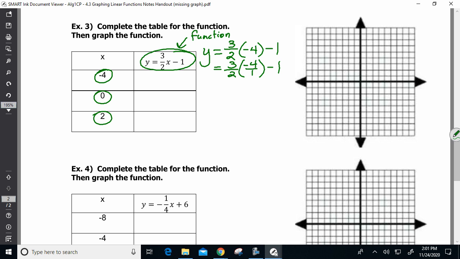Now we multiply. What's 3 times -4? -12. 2 times 1 is 2. -12 divided by 2 is -6. -6 minus 1 is -7.